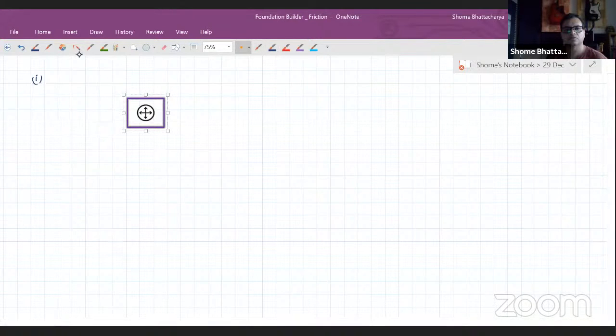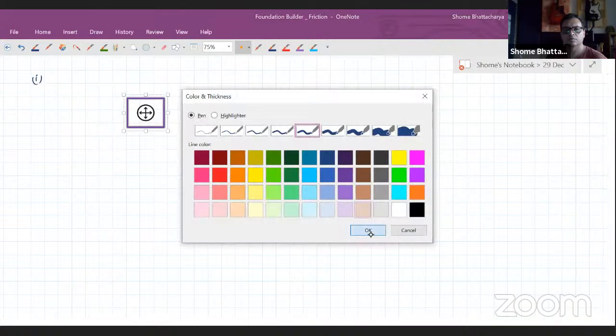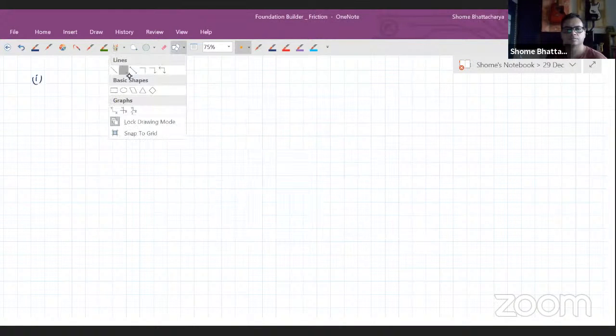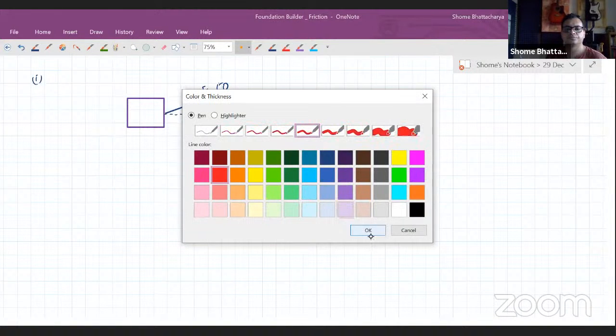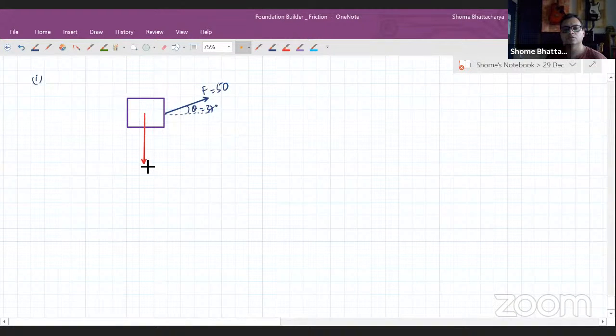Okay, so we are applying the force of 50 newtons at an angle of 37 degrees. Okay. And of course, the weight of the block, normal reaction, okay, and some kind of friction will be there.